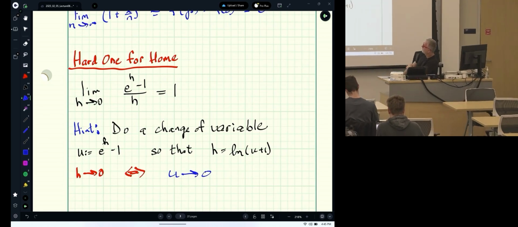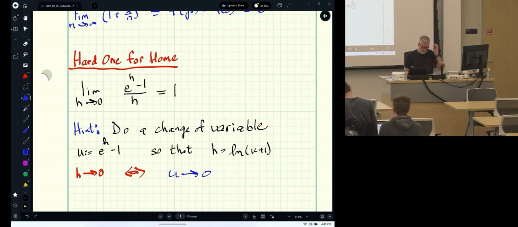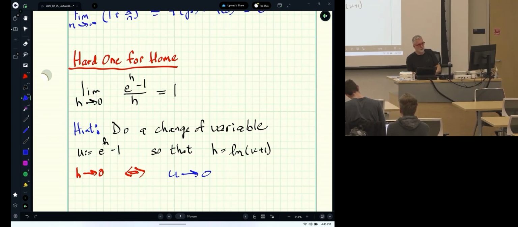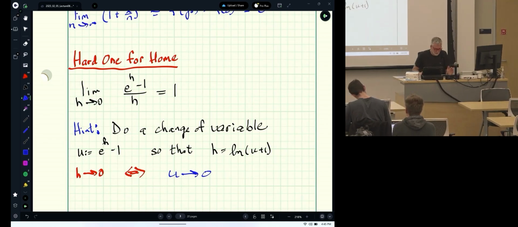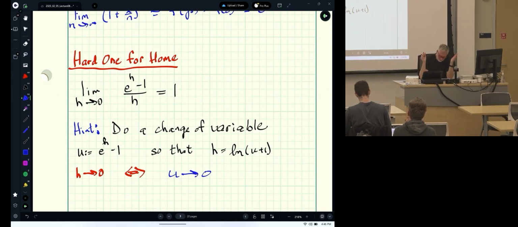So that's the hint. Play around with it. Use that change of variables, and then identify the functions f and g, and you should be able to evaluate this limit. Okay. Now we'll learn another way to do it a little bit later in the course that many of you have already seen, called L'Hopital's rule. It's easier, okay? This is the more fundamental way, and you don't appreciate the genius of L'Hopital until you grind out a few of these, okay?